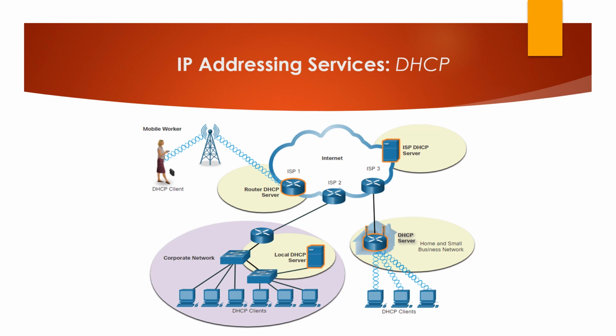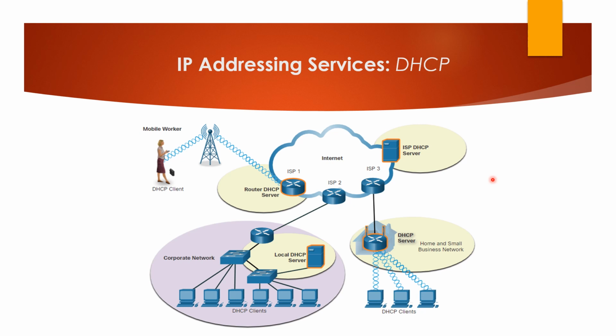As it is shown here in this figure, various types of devices can be DHCP servers. The DHCP server in most medium to large networks is usually a local dedicated PC-based server.